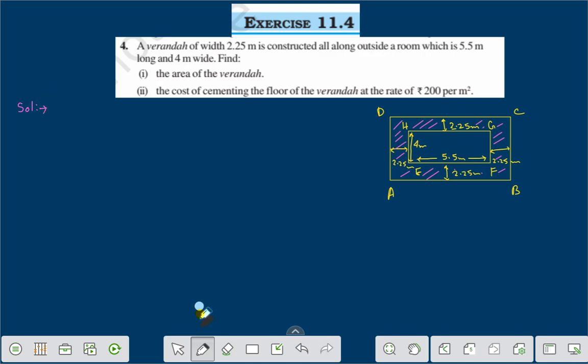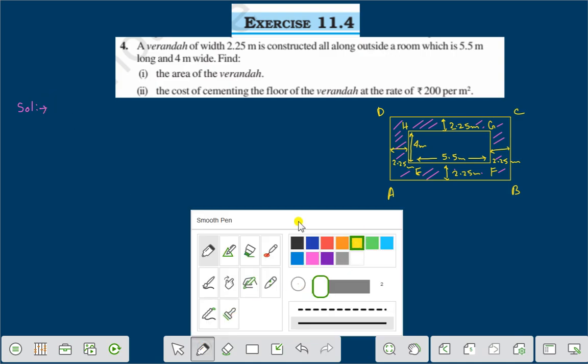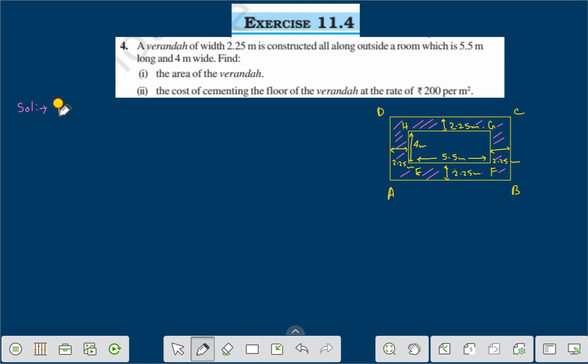Length of the room is equal to 5.5 meter.